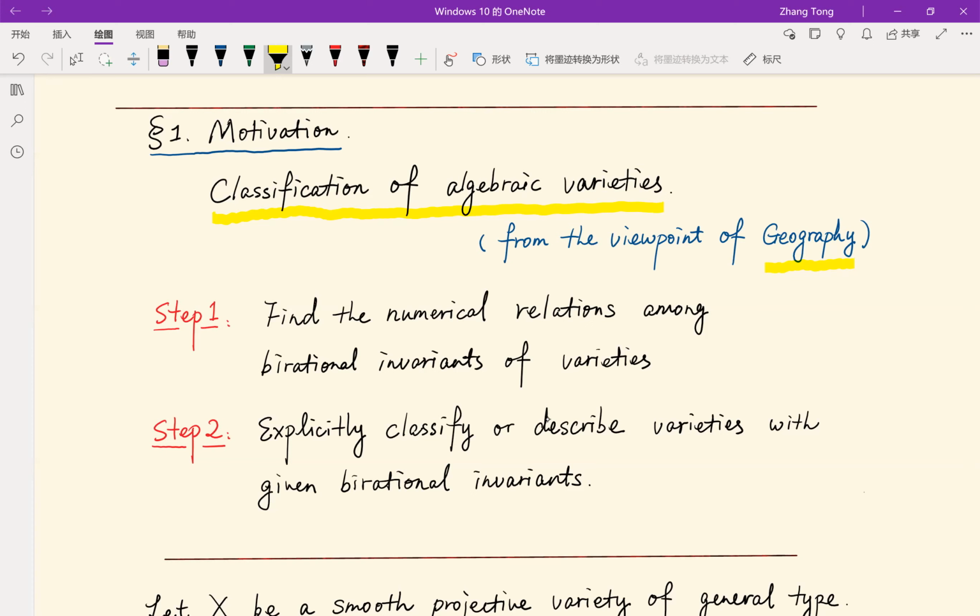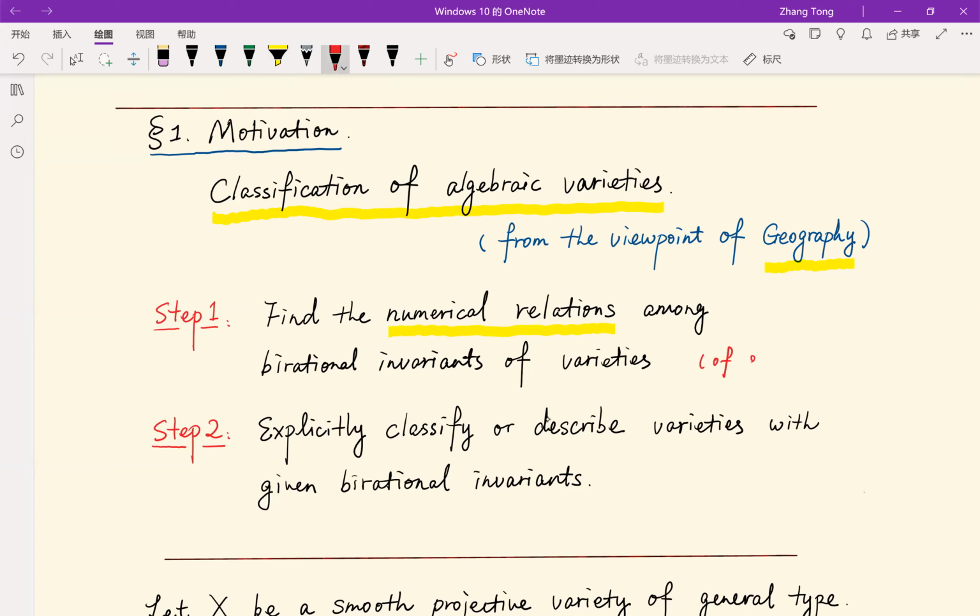There are 2 steps in order to classify algebraic varieties using the geography approach. The first step is to find some numerical relations among the birational invariants of varieties, and this is mainly about varieties of general type.